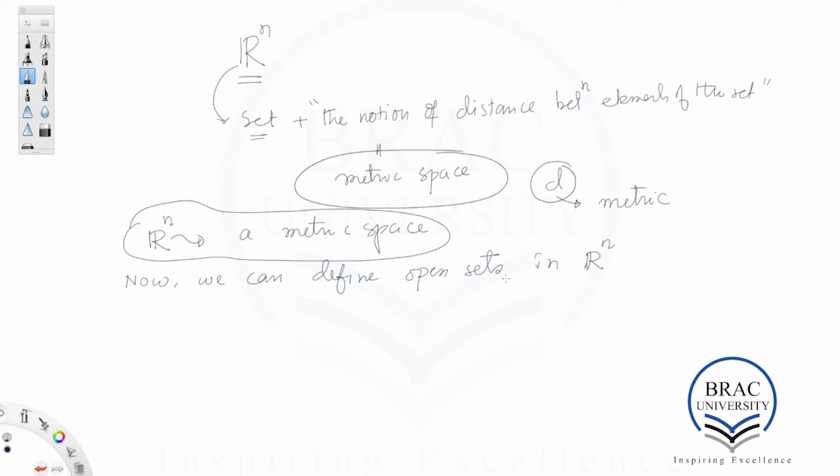We can define open sets in Rn using open balls B(P, r), which means that these open balls are centered at P and they are of radius r.